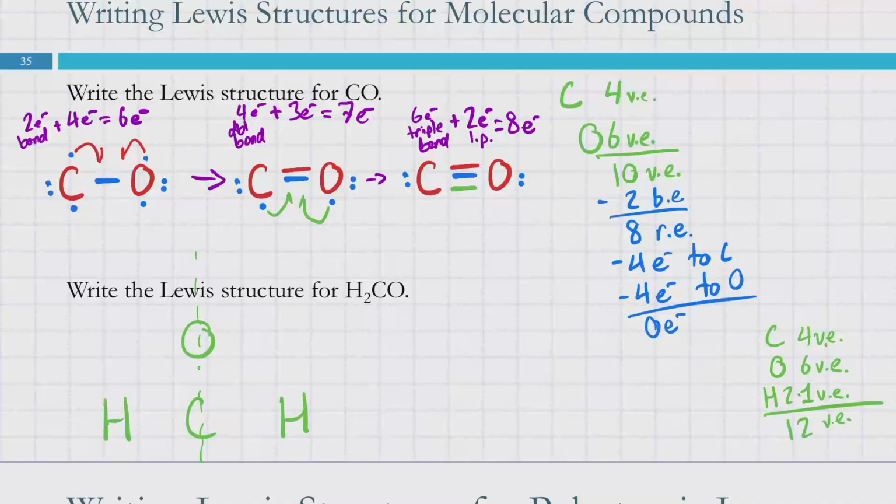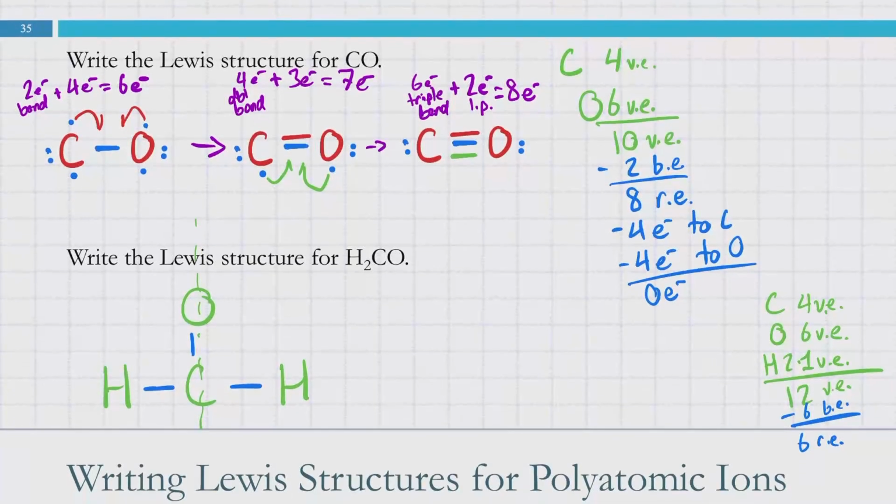To get everything connected, our hydrogens each need 1 bond. Those will go to the carbon. And our oxygen can bond with our carbon as well. How many electrons have we placed by putting down those 3 bonds? 6. So minus 6 bonding electrons. We've got 6 remaining electrons.